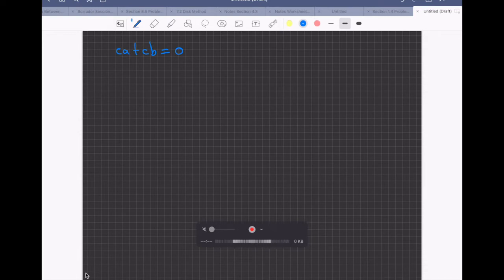And if CA plus CB is 0, this implies that CA, comma, CB is in W.